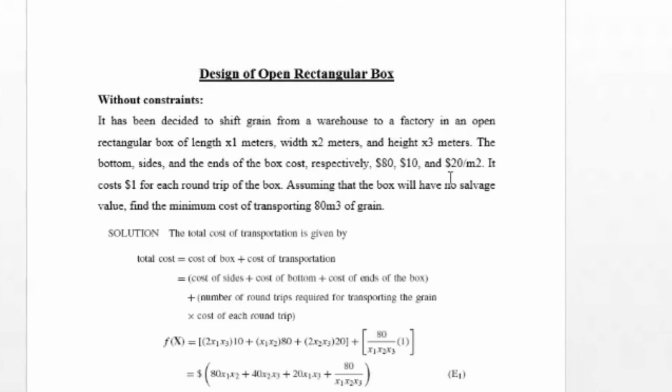The cost of the material on each of the sides is given. The cost per square meter of the sheet on the bottom side is given, the cost of the sheet on the sides per square meter, and the cost of the sheet at the ends per square meter.